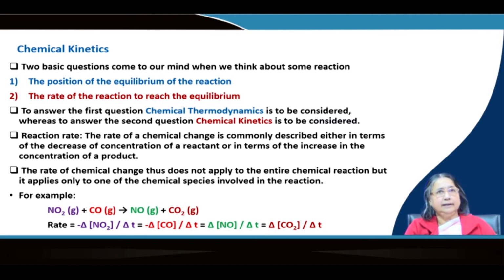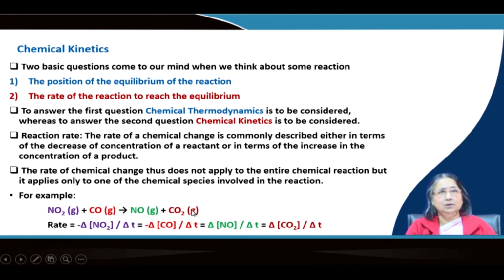The rate of the chemical change does not apply to the entire chemical reaction. For example, in this reaction, NO2 is reacting with carbon monoxide, a gas phase reaction, to produce nitric oxide and carbon dioxide. We can describe the rate in terms of either reactants, NO2 or CO, or in terms of the products, either NO or CO2.